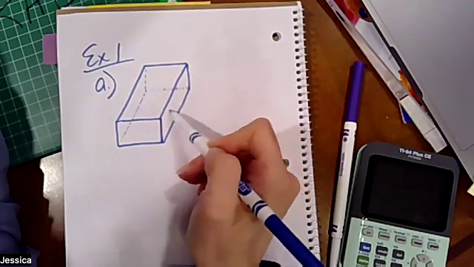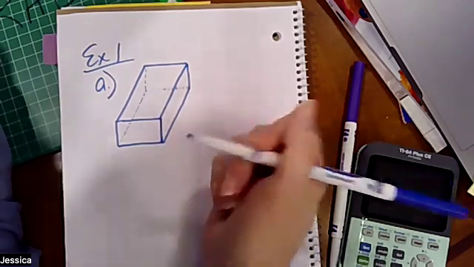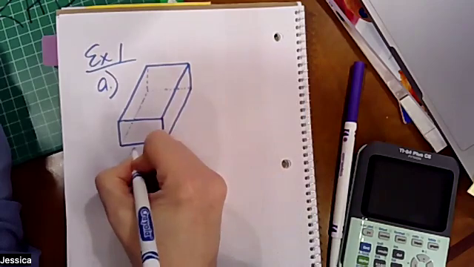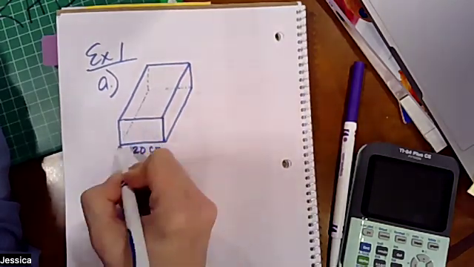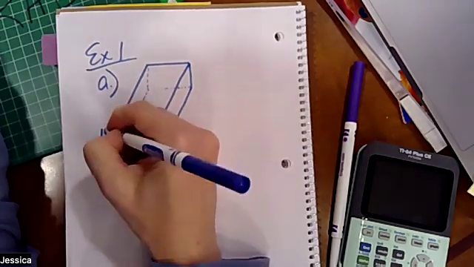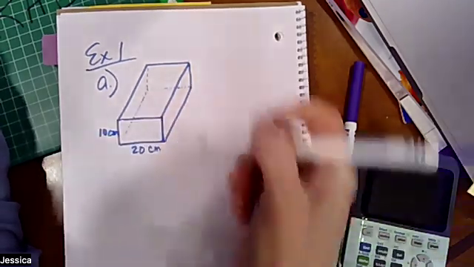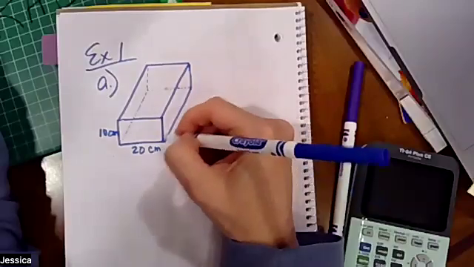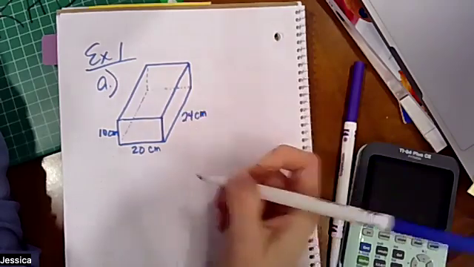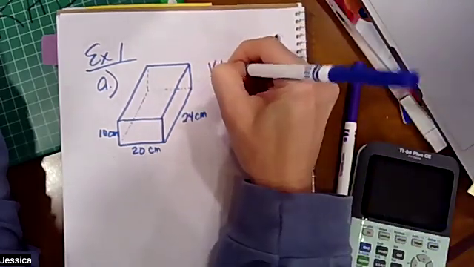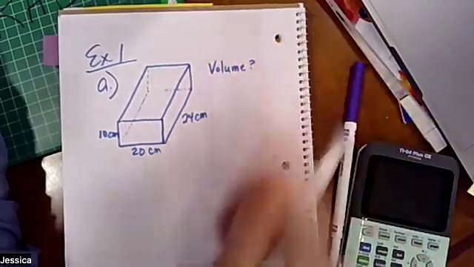There's the top, there's the bottom. There's your bases. So they tell us, okay, this front part is 20 centimeters across. We have a height of 10 centimeters. And then this side right here, again, thinking shoebox, is going to be 24 centimeters. And they ask us for the volume.